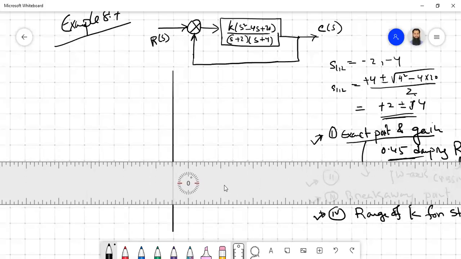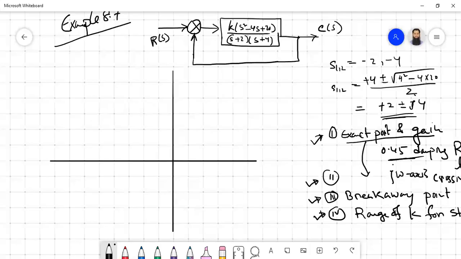Now plot the poles and the zeros. We have a pole here at -2, and we have a pole here at -4. At +2 plus j4, sorry, -2 plus j4, we have a zero here, and we have a zero here.